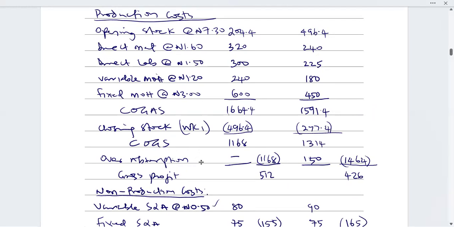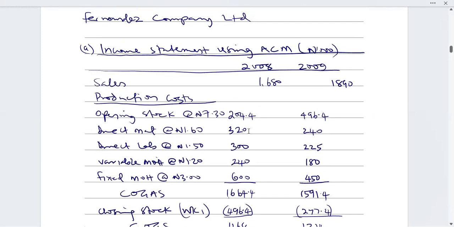I have a question, sir. Concerning the sales, how do you get the 1,896? You multiply the units sold with the selling price per unit.